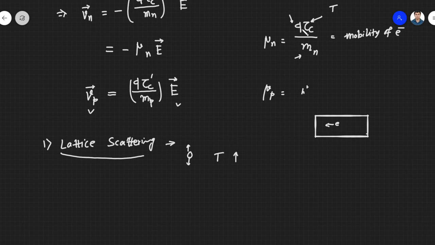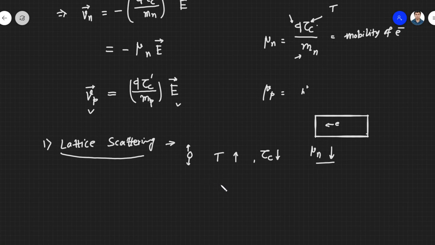If the collision probability increases, then the value of tau c will decrease, because they are colliding more frequently now. So tau c will decrease, and so mu n will also decrease. So as temperature increases, the mobility of carriers decreases due to lattice scattering.